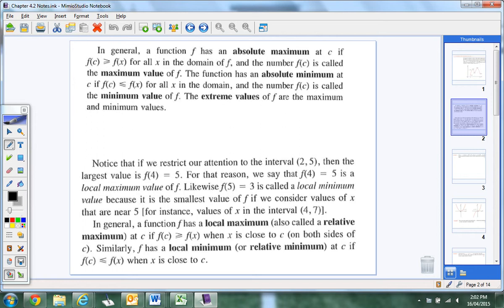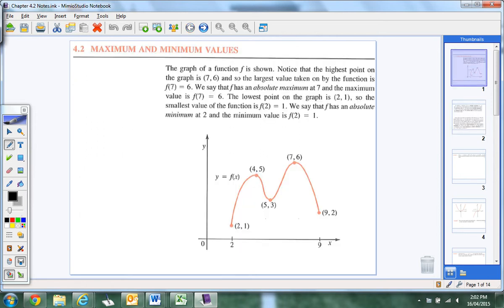Okay, and then notice, this is what I was talking about with the local min. On that last picture, we restrict the interval from 2 to 5 instead of all the way across what it was. So let's go back real quick. So instead of from 2 to 9, we can restrict from 2 to 5. This is our cutoff. That max of 4, 5 in that little piece there is called a localized, or local maximum.